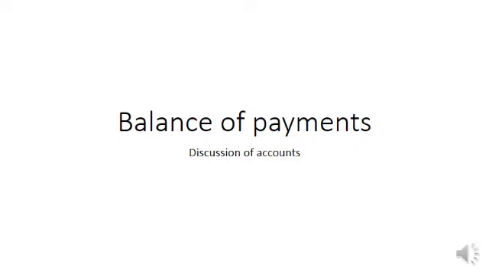So examined in a very similar way to your national accounts. The main accounts: your current account, your capital transfer account, your financial account, and then the unrecorded transactions. So I'm going to go ahead now and discuss each of these in detail for you.